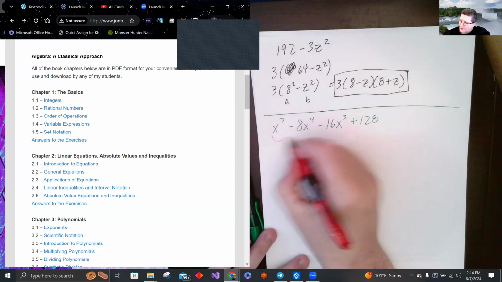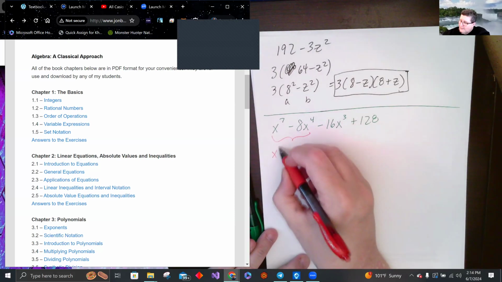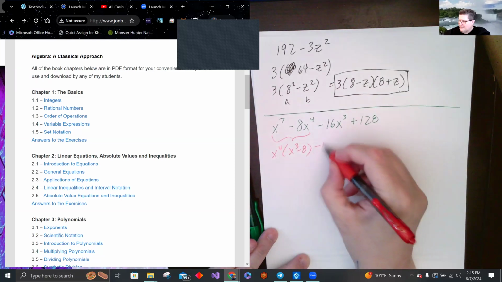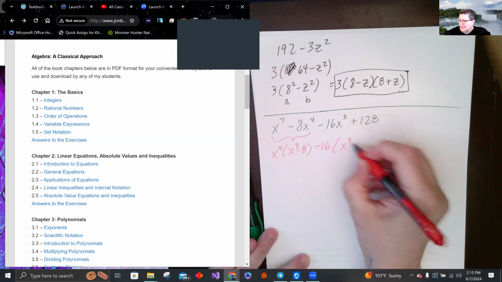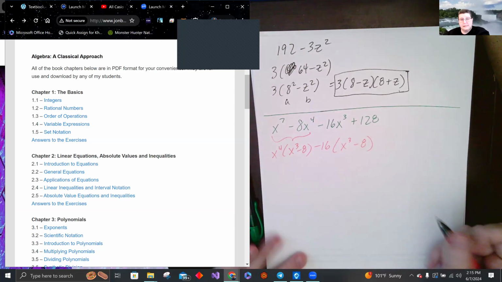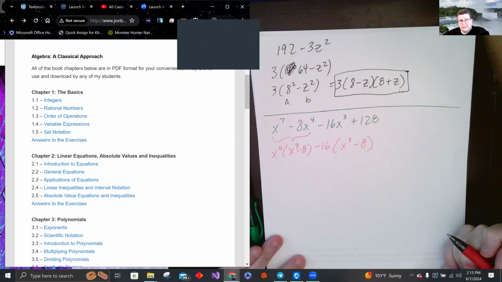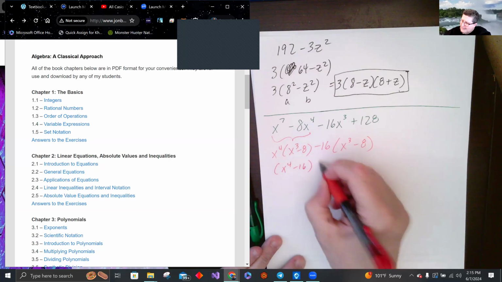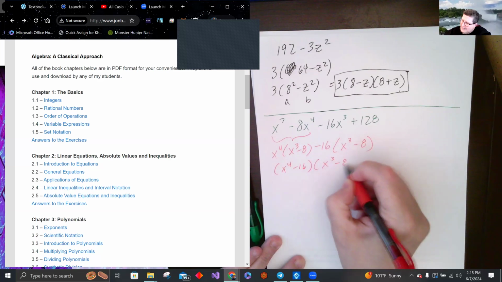We factor by grouping here. Take out a negative 16, and I got x cubed minus 8. This turns into x to the 4th minus 16, x cubed minus 8.